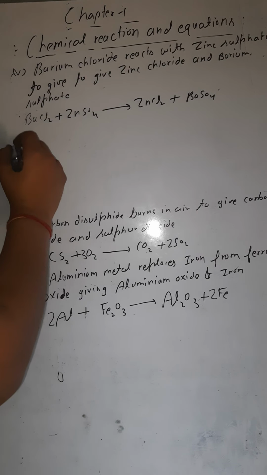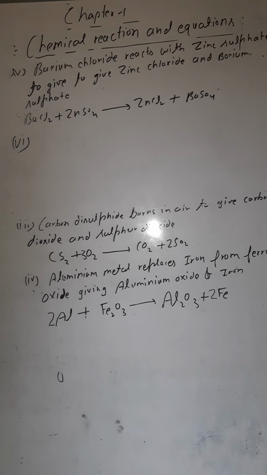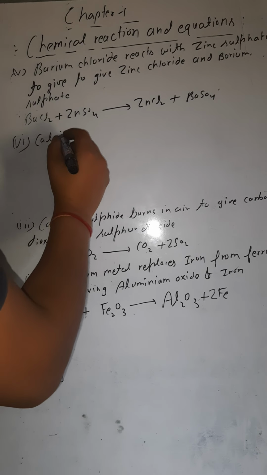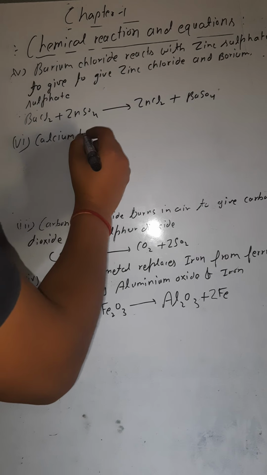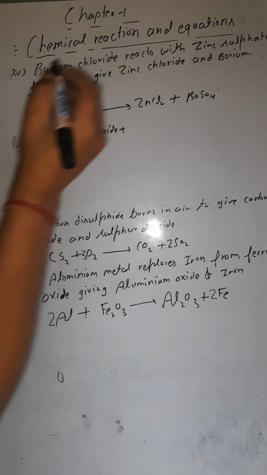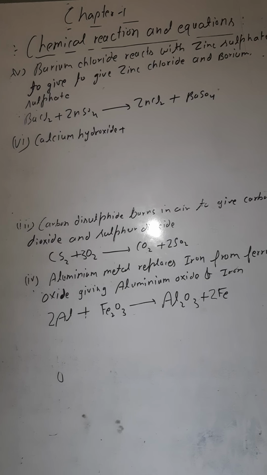Okay. Now we will move to the sixth part of the equation. Sixth one is calcium hydroxide. This is already given: calcium hydroxide plus carbon dioxide.